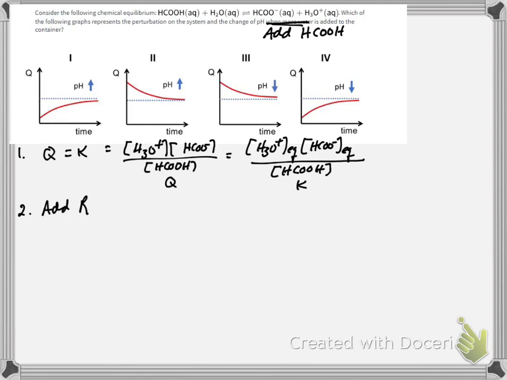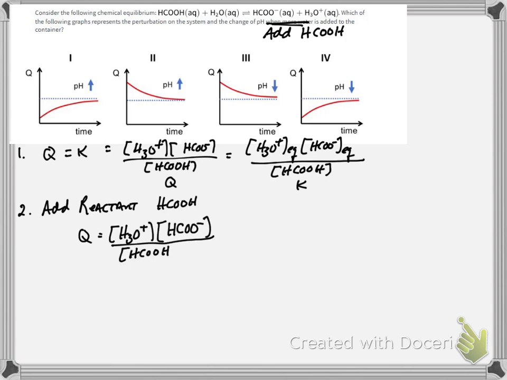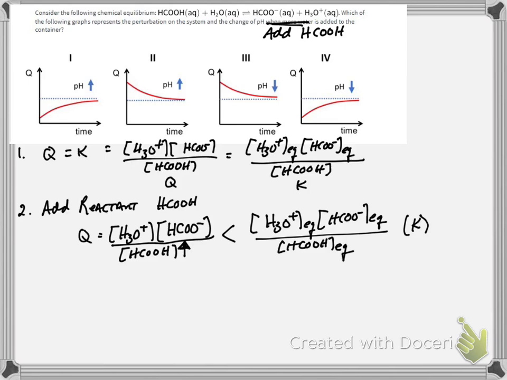So by adding reactant, Q has decreased because the HCOOH is a reactant, and it's in the denominator. So that means Q went down, giving us options 1 and 4. So we went down relative to K because K didn't change.